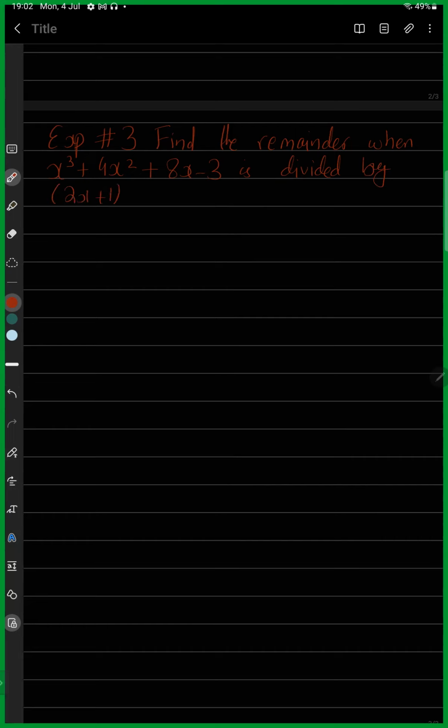So the polynomial is x cubed plus 4x squared plus 8x minus 3 and the divisor is 2x plus 1. And again, the question is about finding out the remainder. Let's talk about the solution.